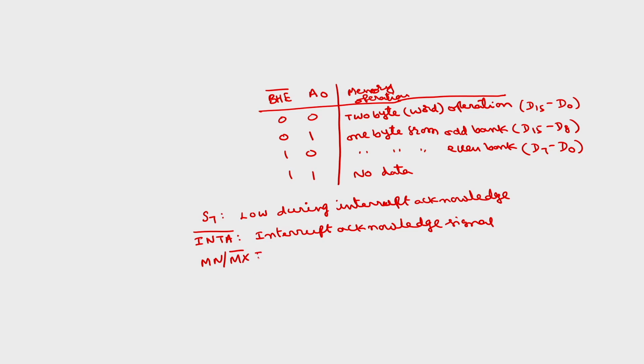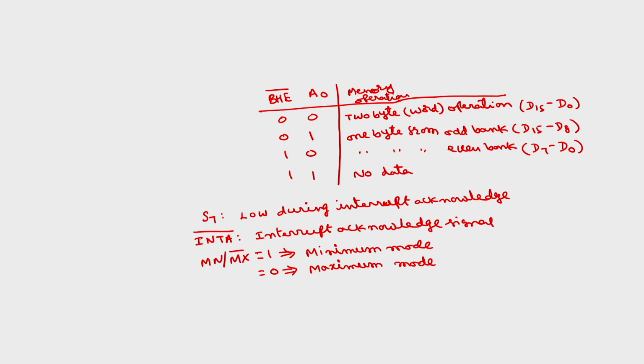If this is equal to 1, it implies minimum mode, single user. To operate the 8086 in minimum mode, you have to set this pin to 1. If you set this pin to 0, the microprocessor operates in maximum mode, which is multiprocessor mode.